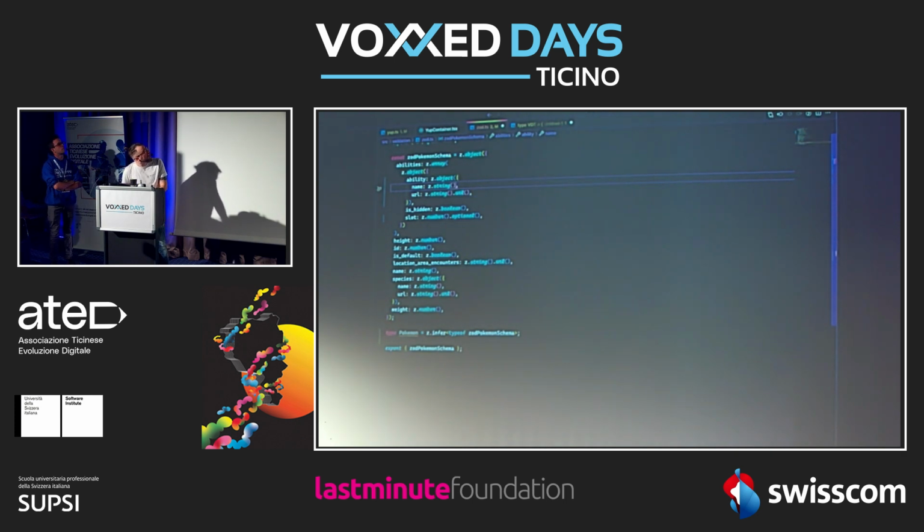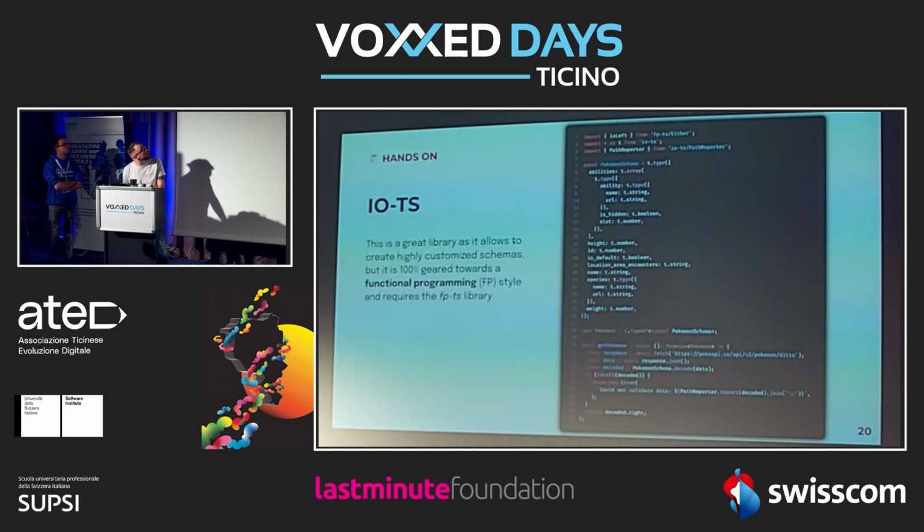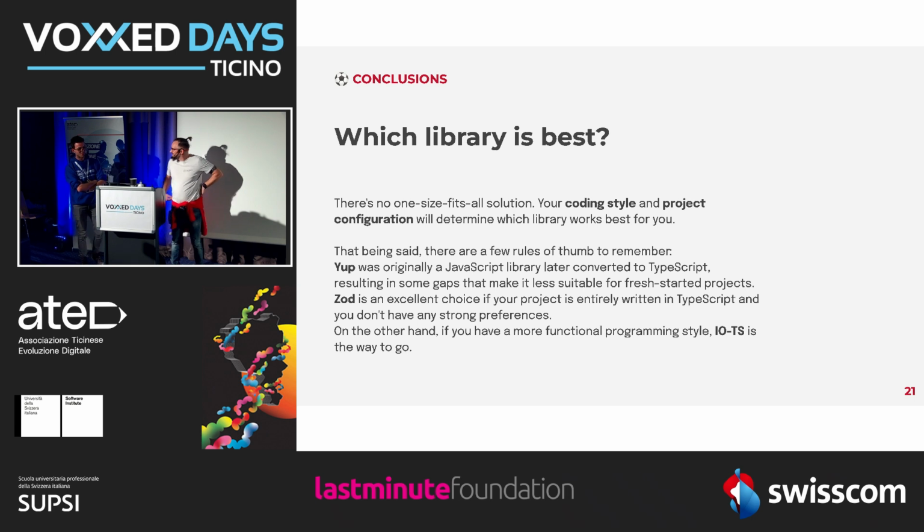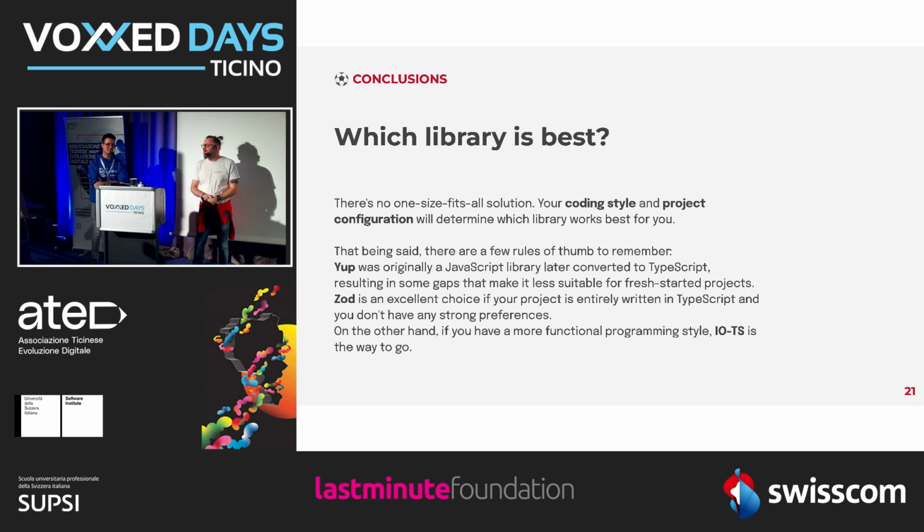And so this brings me almost to the conclusions. I want to ask Lore, which is the best library of these three? So it depends. It depends on your coding style, on your project configuration, a lot of things. Personal preference.